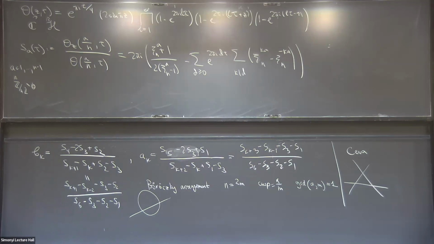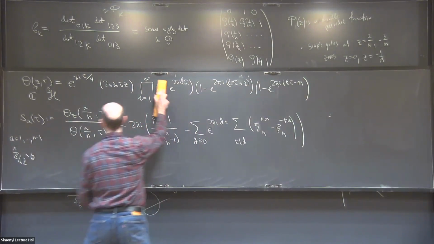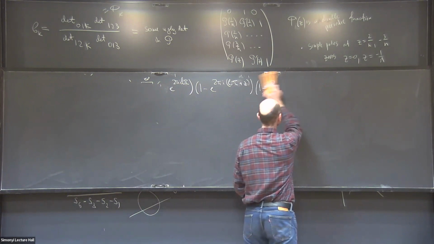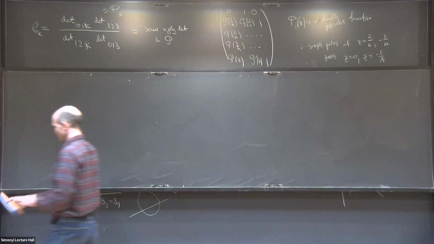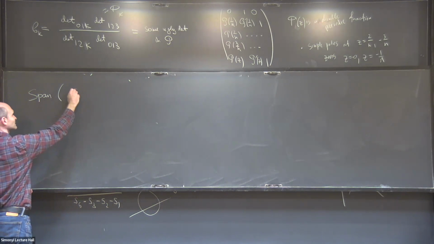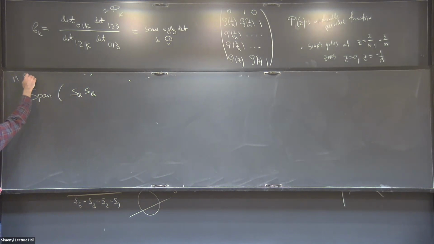Now, why do I care about those S_a's? If you look at the span of products S_a S_b, with n fixed, these are weight 2 modular forms.